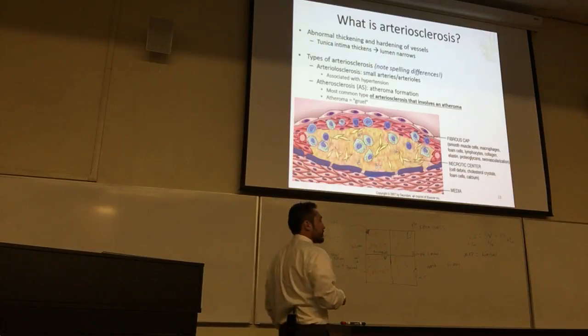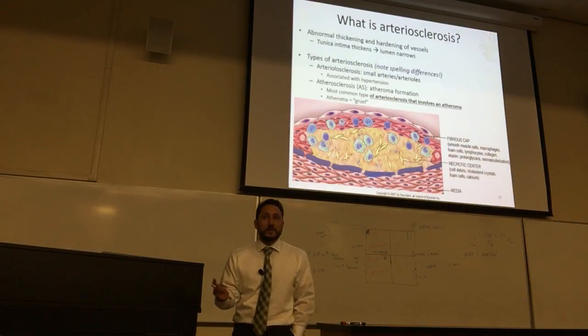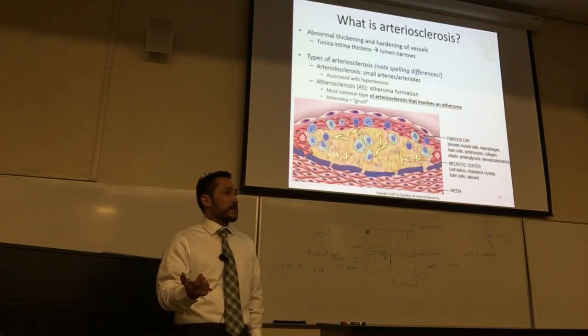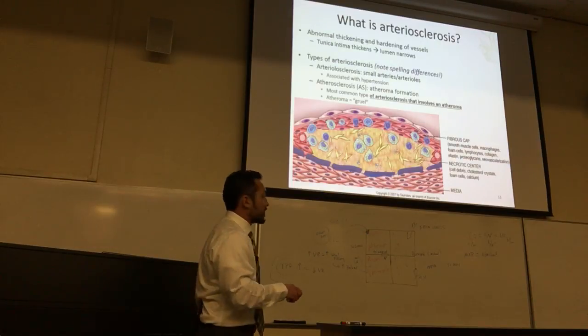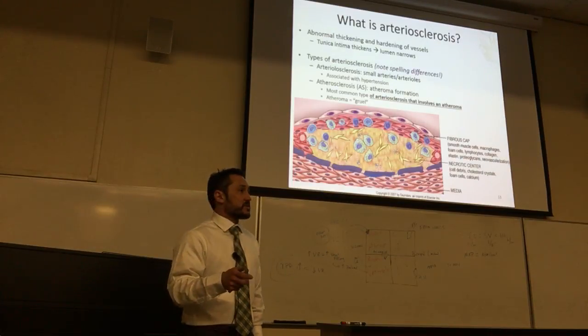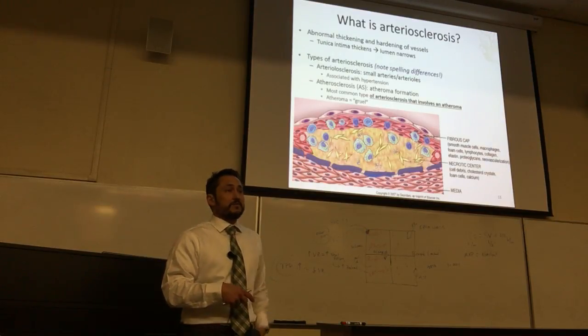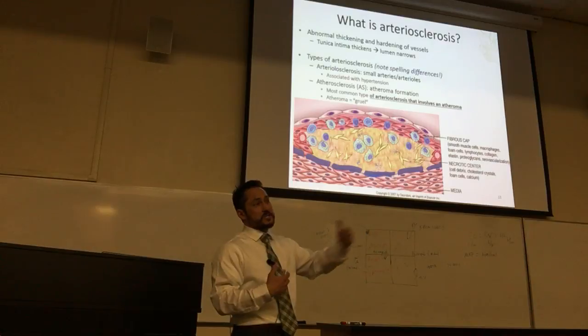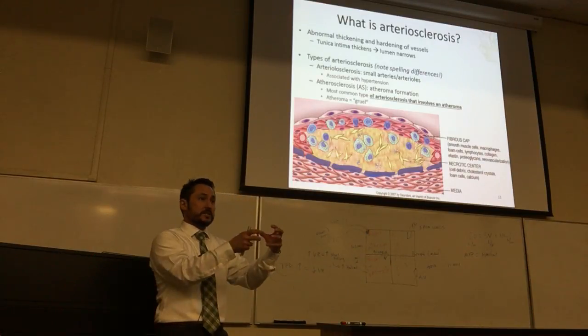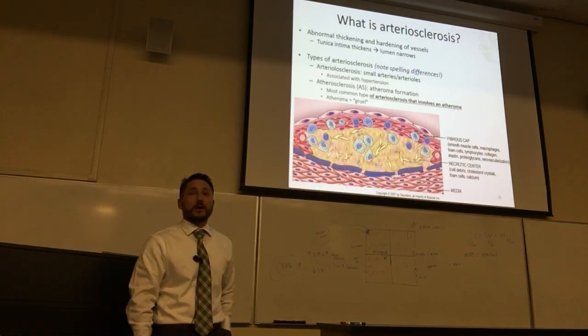The diffusion distance of oxygen in normal healthy tissue is about 250 to 300 microns. And this is definitely not healthy tissue, so the diffusion distance may only be 100 or 150 microns. If you can't get oxygen diffused into the center of that lesion, then it goes necrotic.